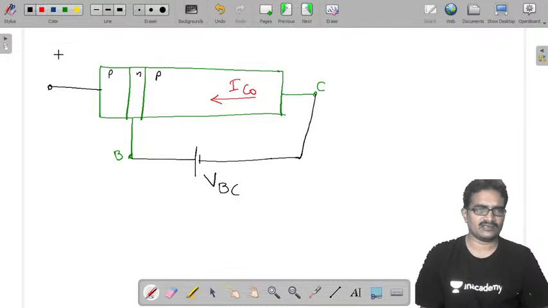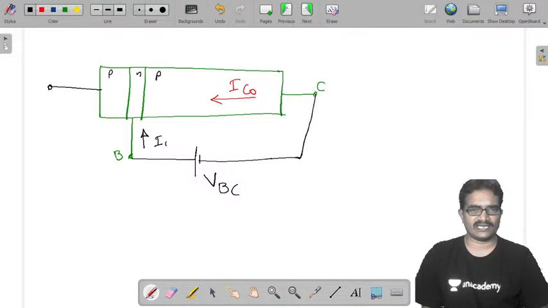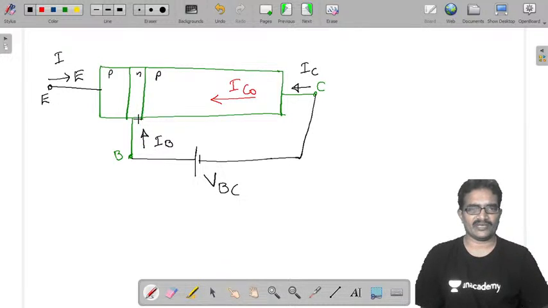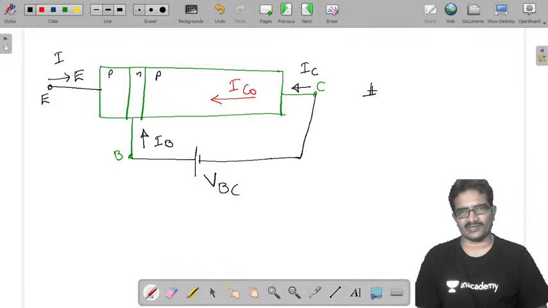One more thing: this is the base current flowing this side, and the collector current flowing this side. According to conventional IEEE standards, all currents should flow into the device. This is the emitter terminal, so the emitter current flows into the device, and so do the base and collector currents. Now the emitter is an open terminal, because of that the emitter current is 0.